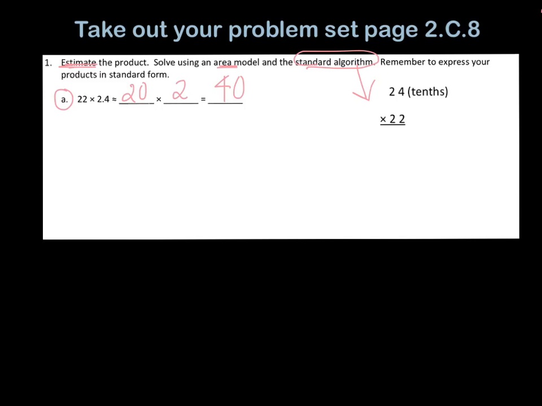Alright, so area model. I'm going to take my 2.4, which is 24 tenths, and I'm going to write that as 24 tenths. Now I want to see how many tenths there will be if I multiply 24 tenths by 22.